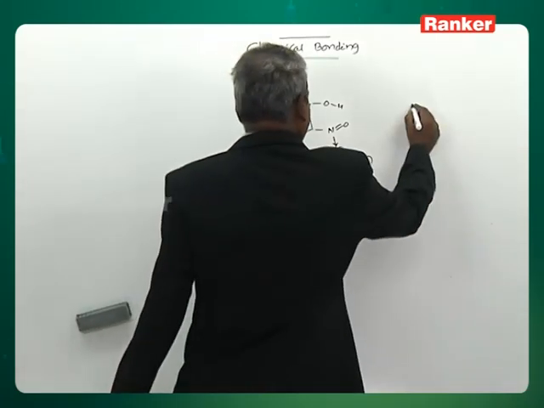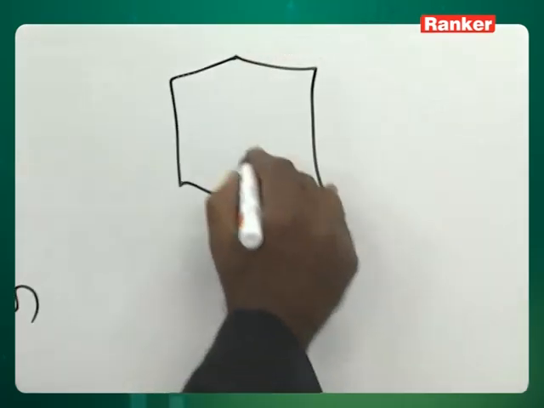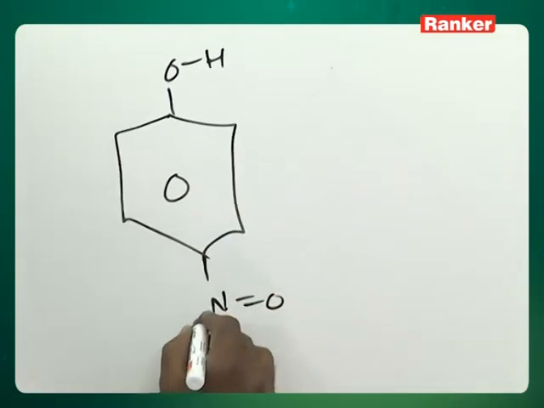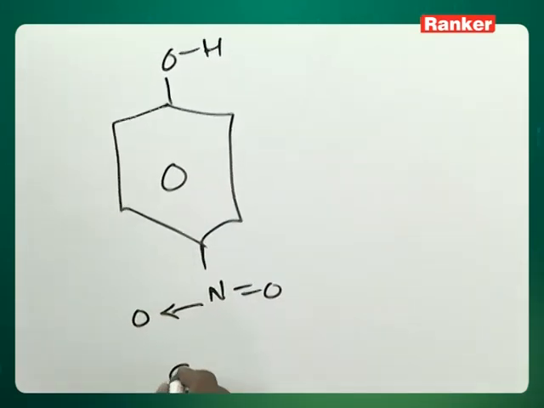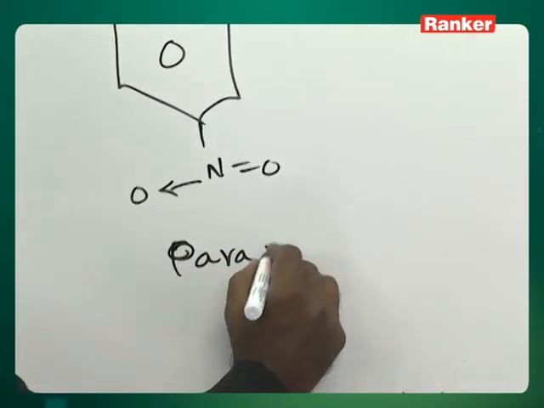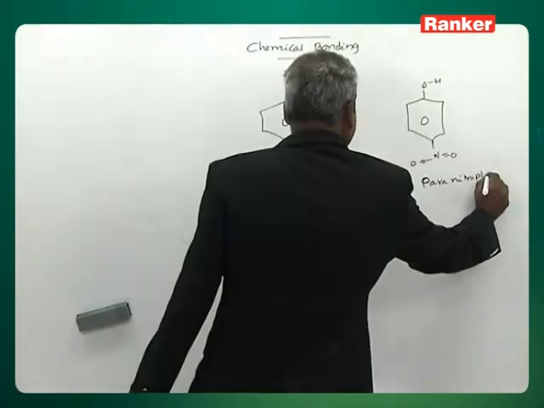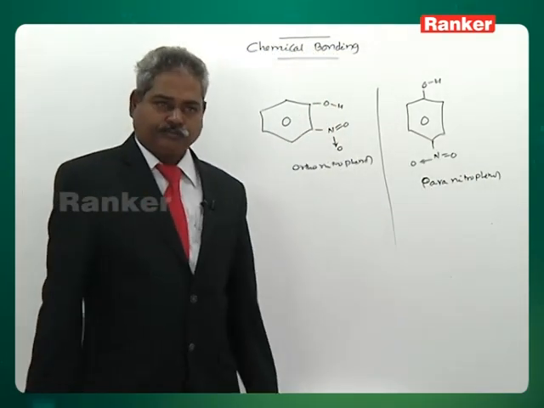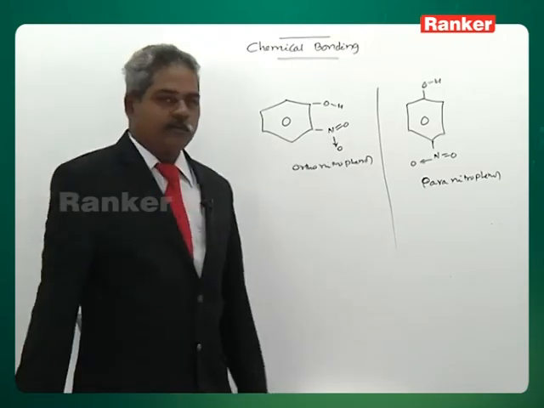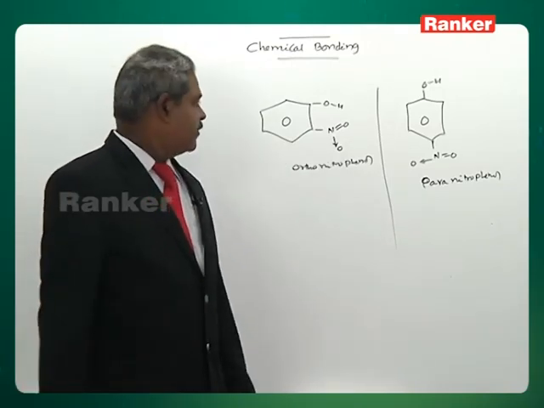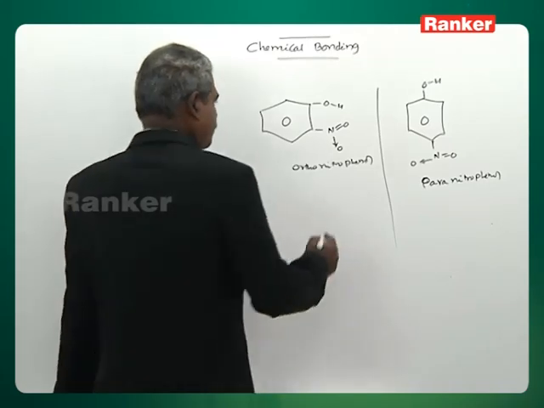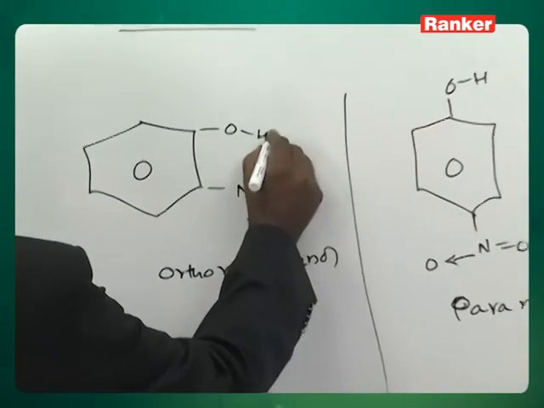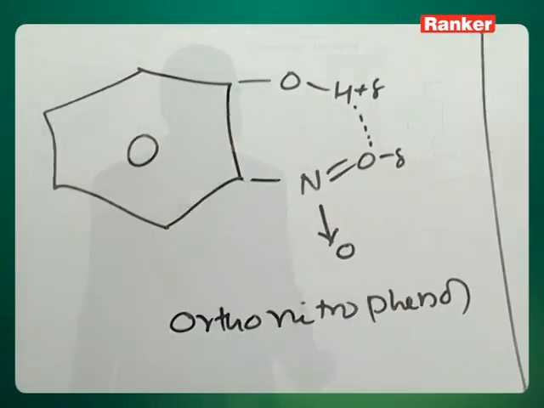And paranitrophenol, the same phenol, but the NO2 is in the para position, opposite to it. This is called paranitrophenol. Look here. Whose boiling point is more? Both of them have the same formula, both have the same molecular weight, but here you have attraction between these two, H plus delta and O minus delta.